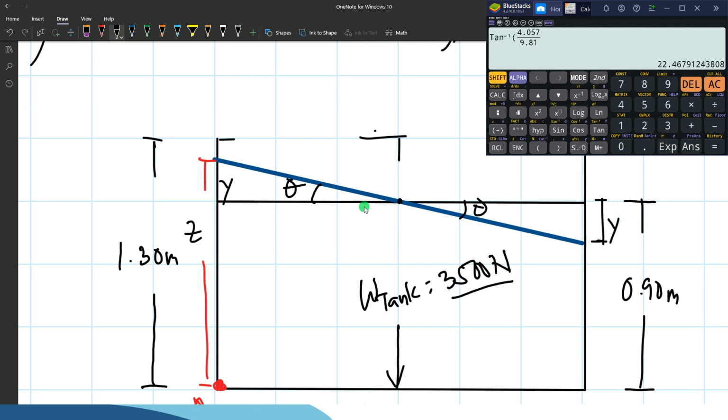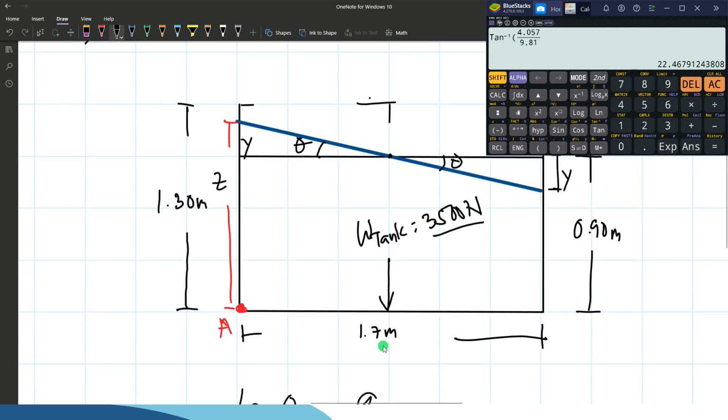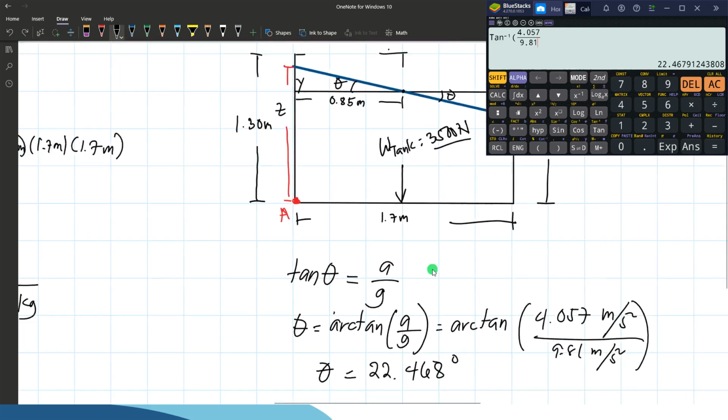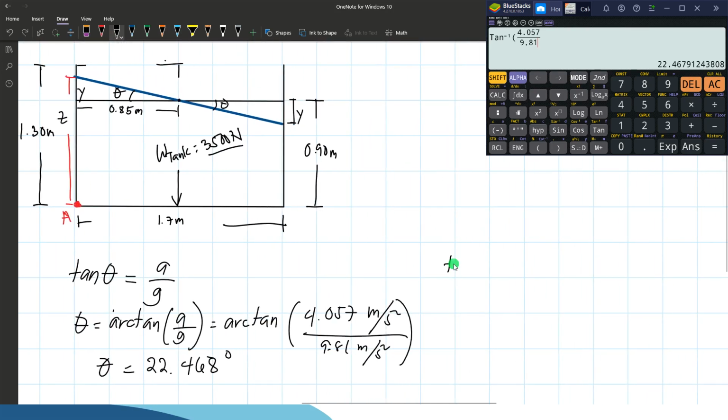If this is the center, and we have a width of 1.7 meters, so this is 1.7 divided by 2. Half of 1.7 is 0.85 meters. Focusing on this right triangle here, we can compute y. We use the tangent function again to compute y.